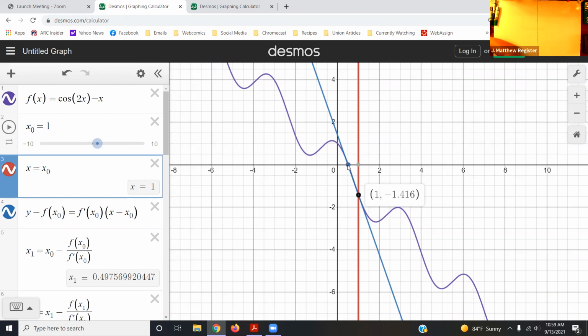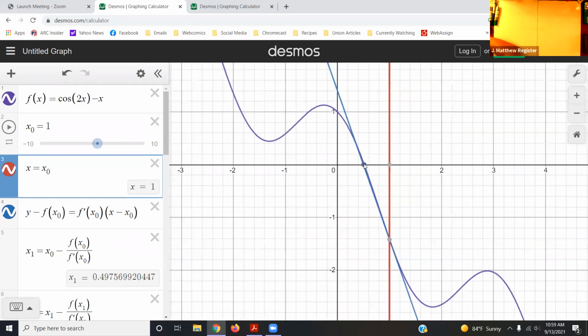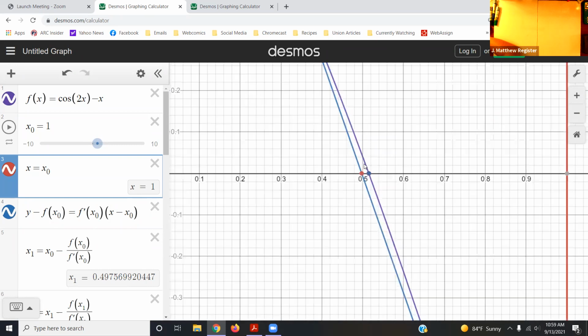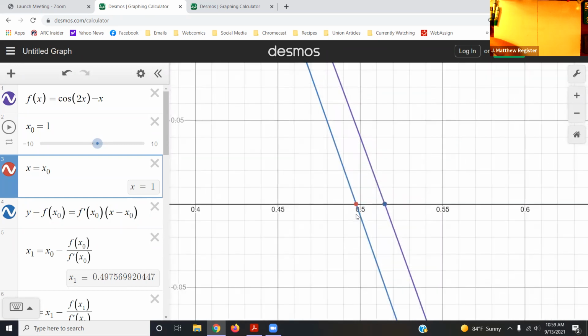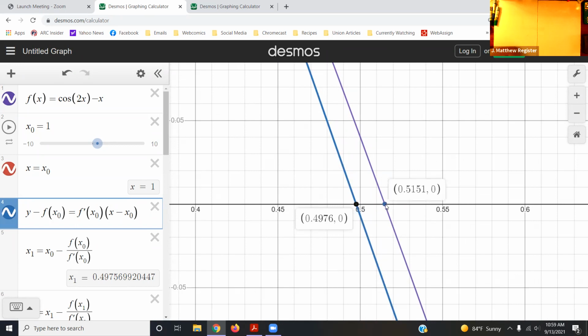It gets very, very close. And we can zoom in quite a bit on this. You can see this blue line is where it's crossing, and this point right here is where the actual point is. And so that took us from being nearly 0.5 off to being very, very close.